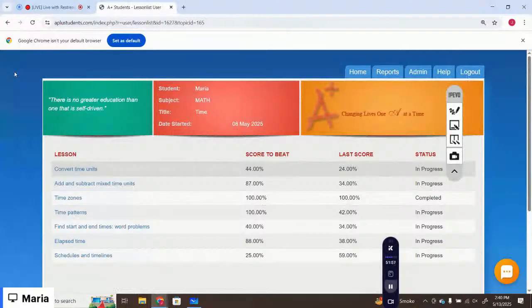Please make sure before the next session you complete all the practice questions for the lessons we just did. That is your homework until next session. If you need more help with any of the lessons, you can simply click on the live chat button. Tutors are available there to help you, or you can write down the question in the chat box to answer all your questions and confusions.